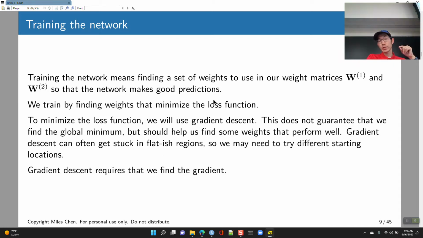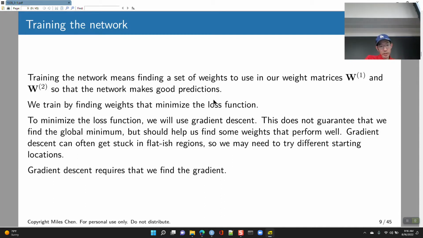The traditional calculus approach would be to find the derivative, set that equal to 0, and solve for where the derivative is equal to 0. Here we're taking a computational approach that says we're going to take the gradient and just go downhill.